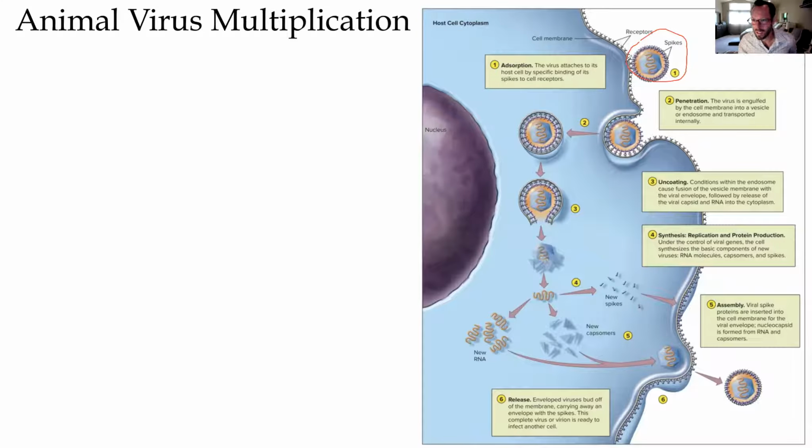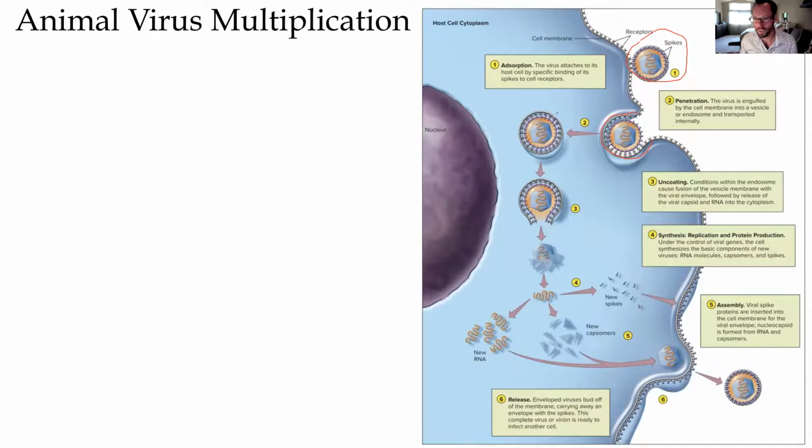Once it binds, it then needs to enter. And this is often done by the cell, triggering the cell to just engulf it into a vesicle. So it binds to the receptors, and then it sends a message to the actin filaments, and then those actin filaments polymerize, and then it swallows it in.